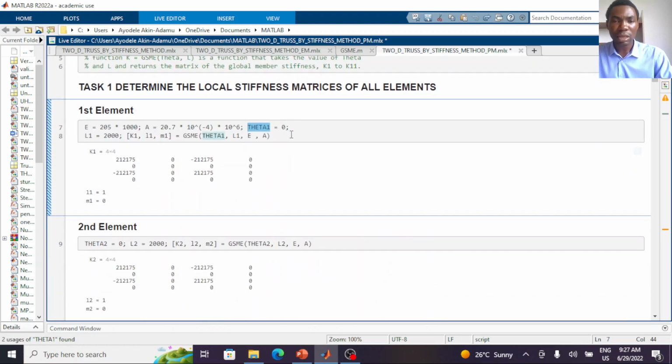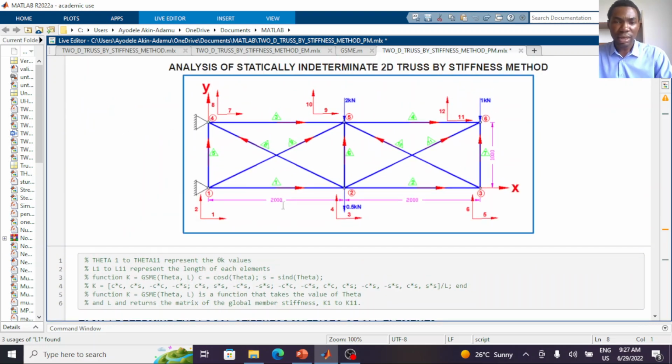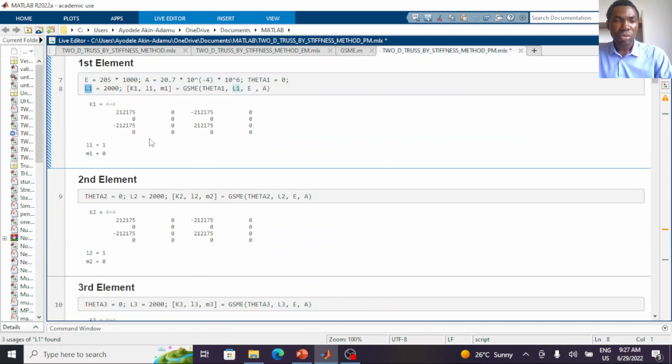So that's why θ1 is 0 here. The length L1, denoting the length of my first truss element, is defined here as 2000 mm. So I'll run the function we created, and I'll tell it to return 3 output variables, which I'm defining as K1, L1, and M1.